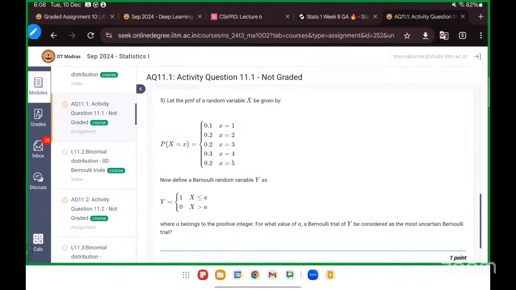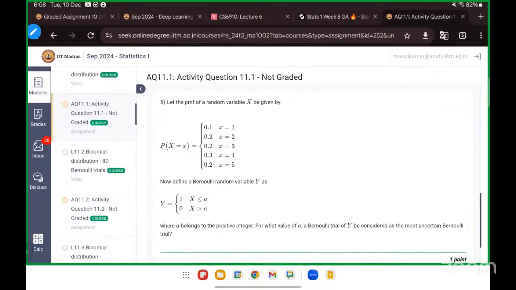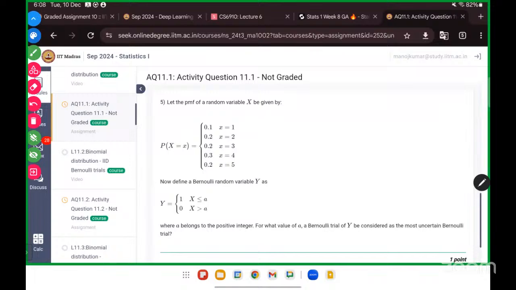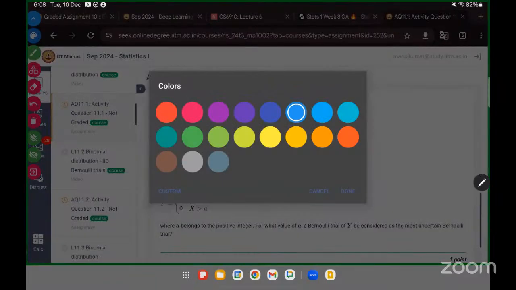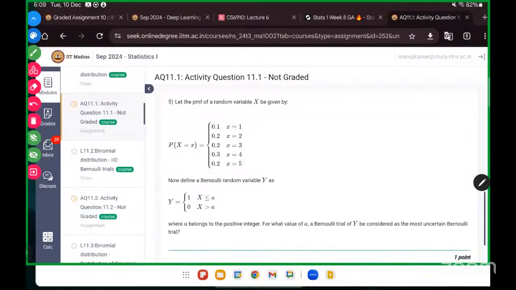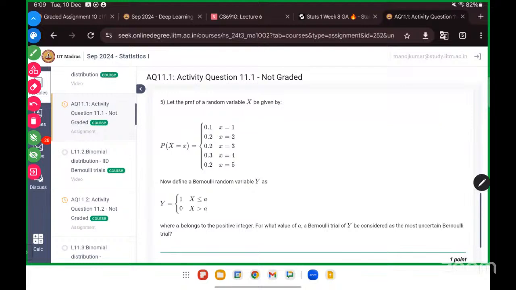So question number 5 is that a PMF is given, and now we define a random variable from the PMF.